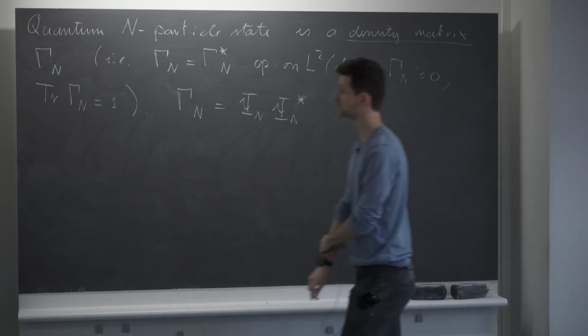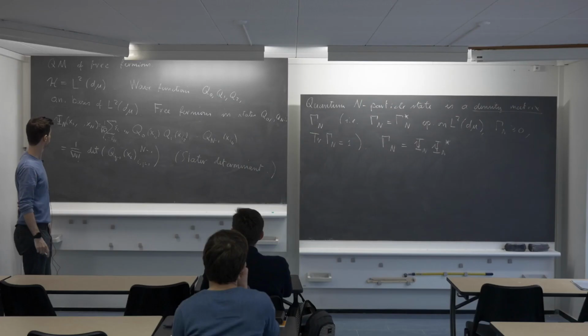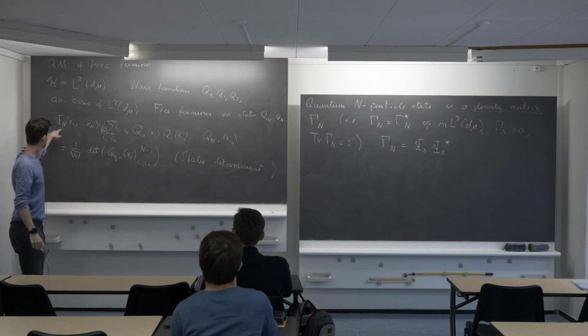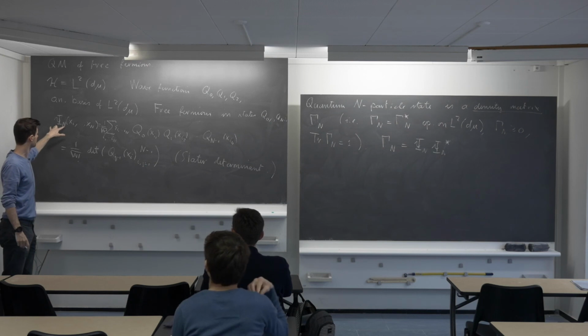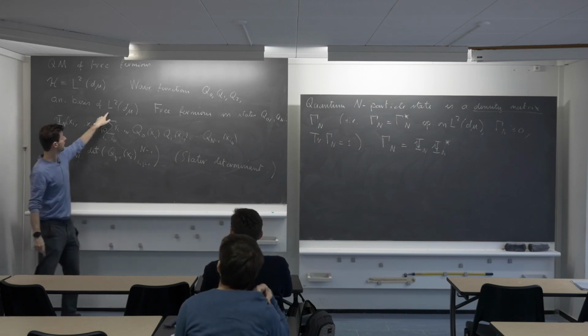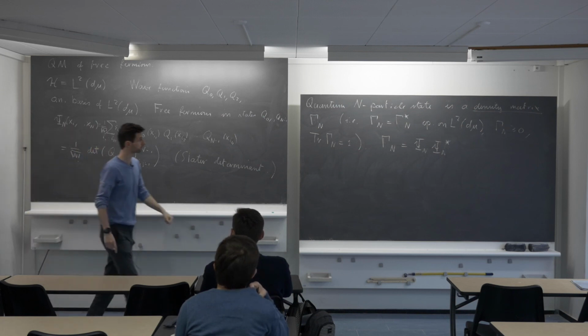Okay, so you have a vector psi, maybe I should have given this a name, psi n. So this psi n is a normalized vector in the antisymmetric nth tensor power of this Hilbert space.